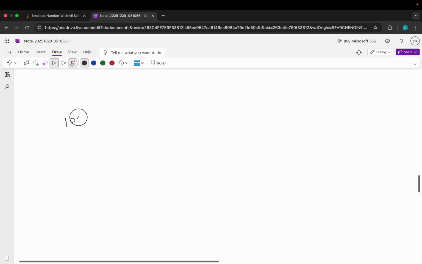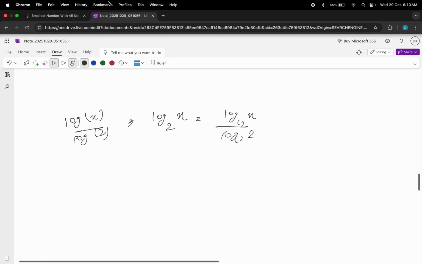Why am I doing log x upon log 2? I hope you have learned this theorem, that log x base 2 can be written as log x upon log 2. The base can be anything, but the base must be the same in the numerator and denominator. I don't know if in C++ we have a default logarithmic operation in STL that takes the default base as 2.